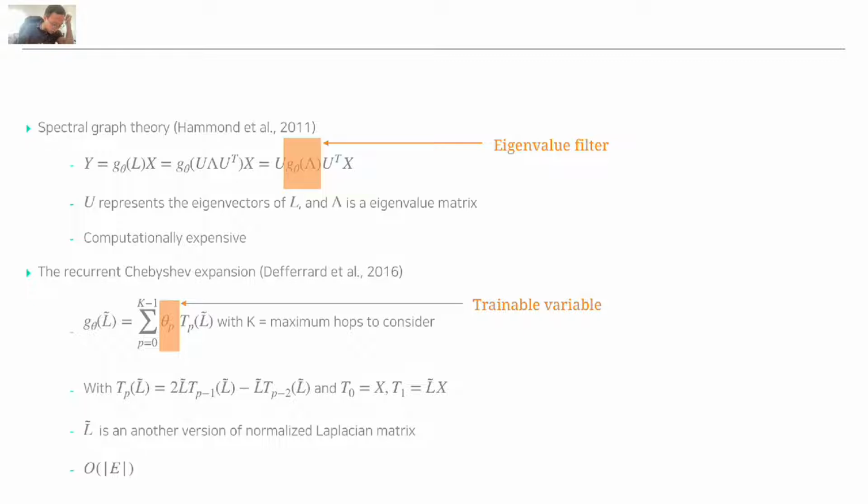The input graph could be decomposed using SVD decomposition, and L could be decomposed into U, lambda, and U transpose. This is from the SVD, and we can give a filter function to this. So we try to consider what kind of graph property is important. It depends on the input.